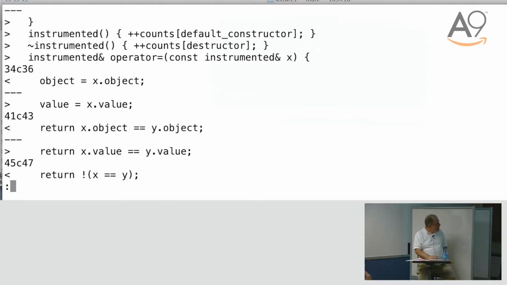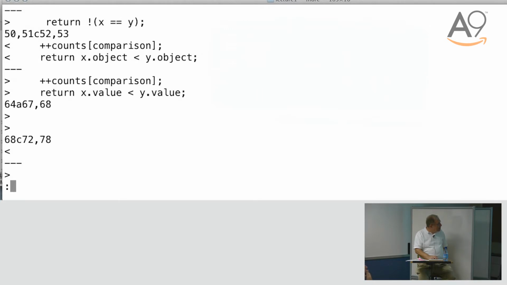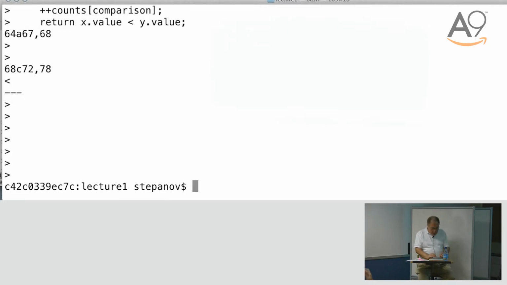I do not. Yes, in one place I use object, another place I use value, but that's all right. Okay, so let us try clang plus plus. What was the name? Counted.